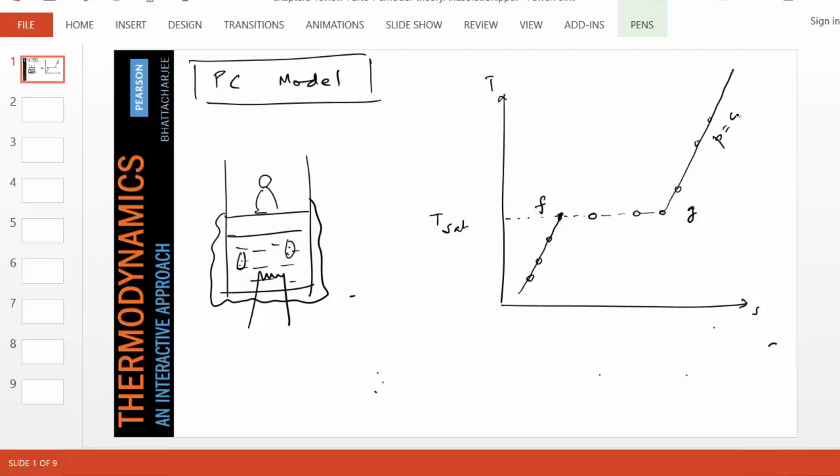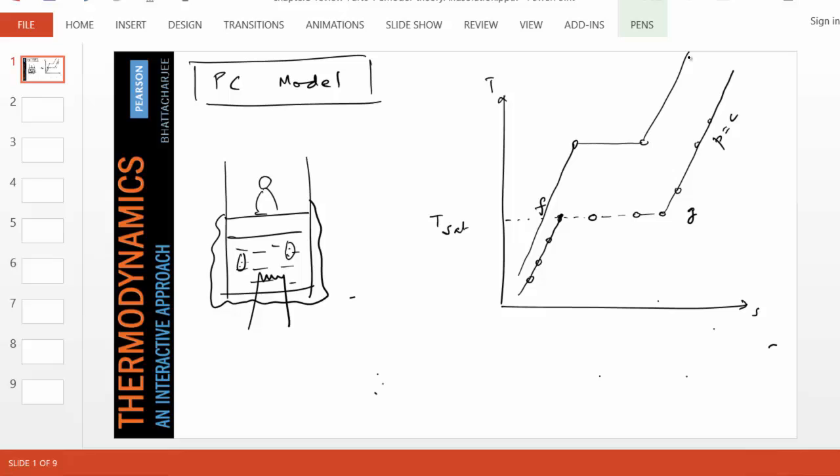If we repeated the experiment at a higher pressure, the line would have shifted up and looked something like this. All these F points, when joined, we call an F line, and all these G points, when joined, called the G line, produce this characteristic dome shape.